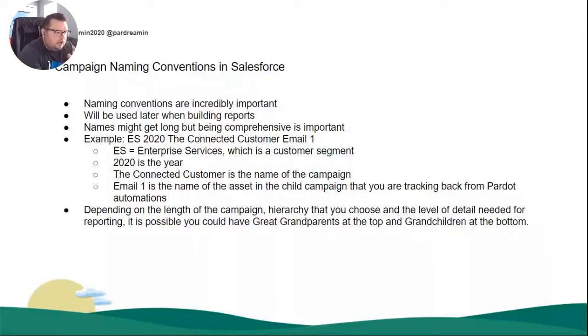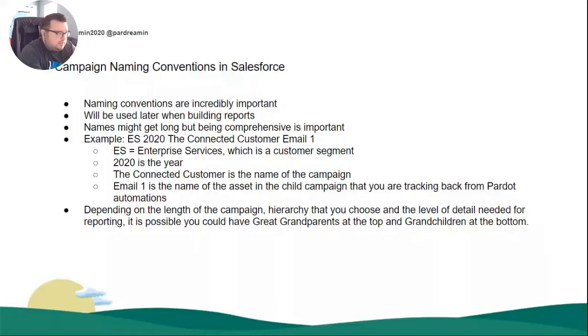And depending on how long your campaign is and how many stages there are, if it's a multiple drip campaign, you could have a really long accordion style campaign hierarchy, or it could be more compact. It really depends on how granular you need to be with your data and your reporting, and just whatever it is that your leadership prefers.